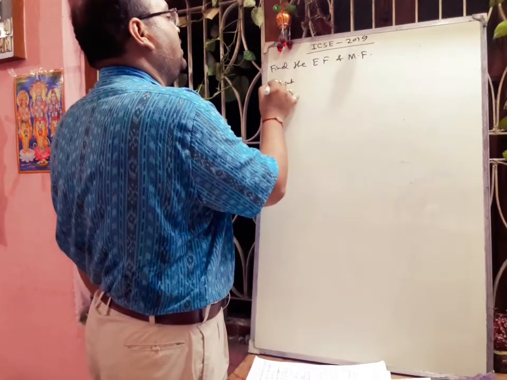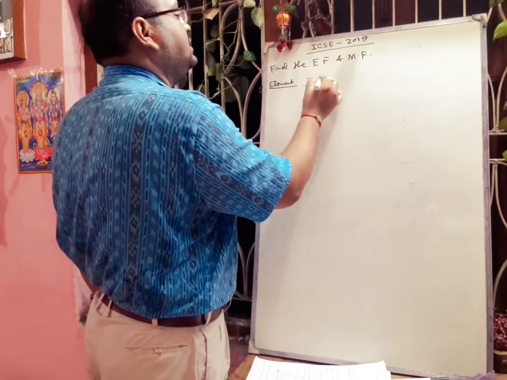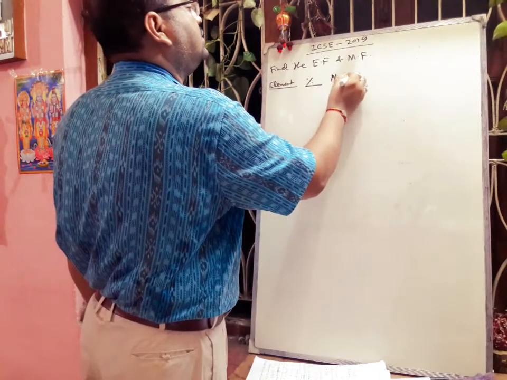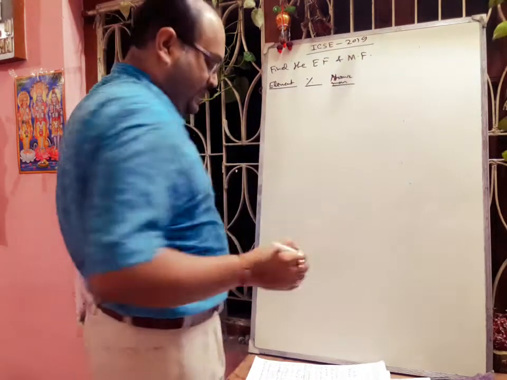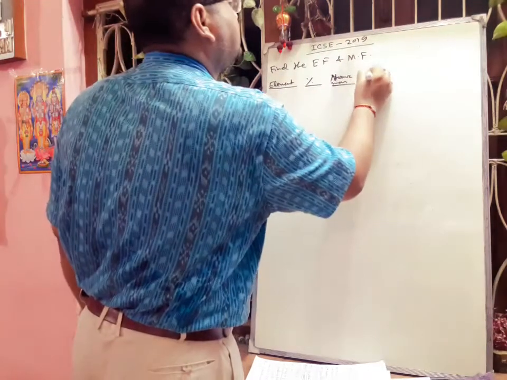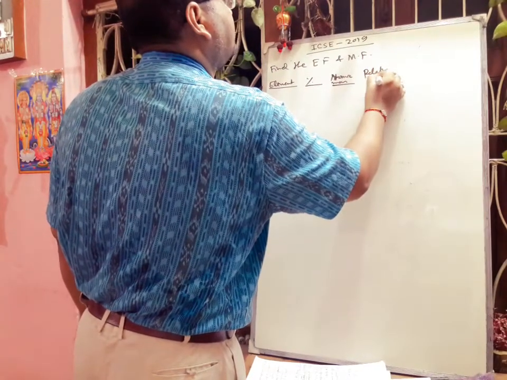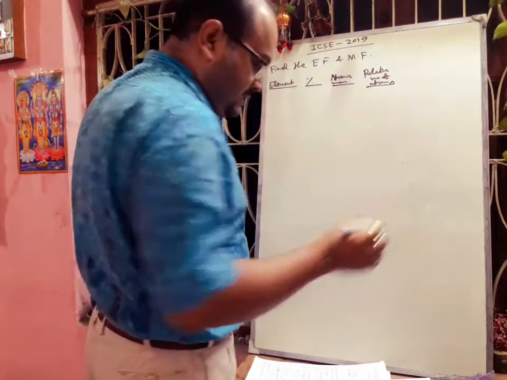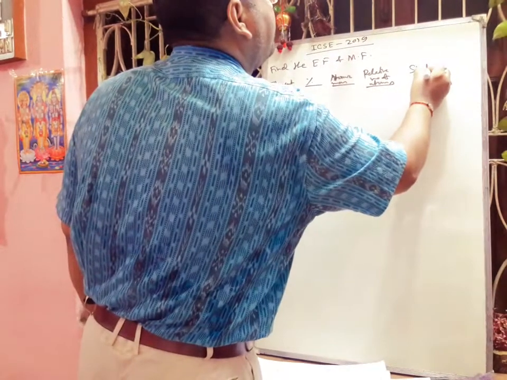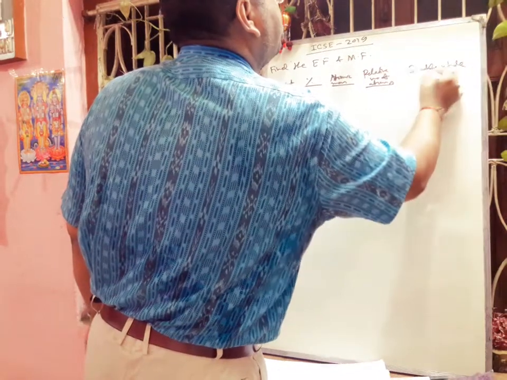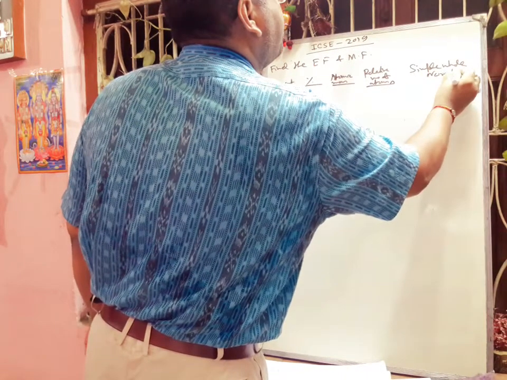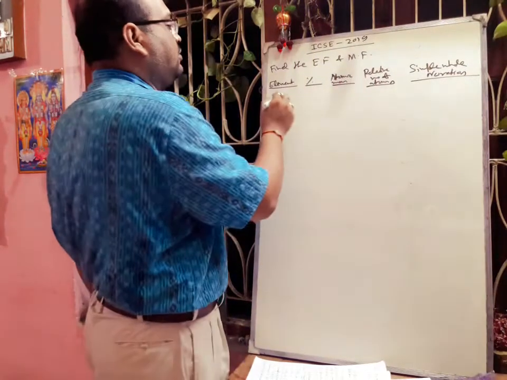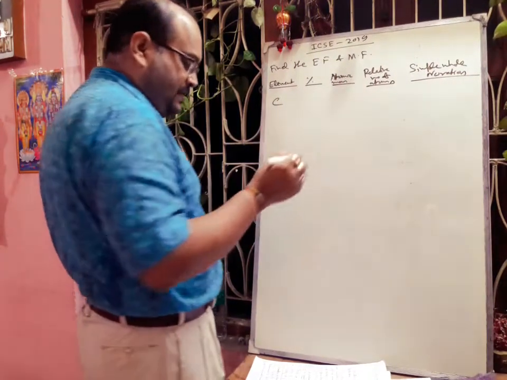So this is the element, next one is the percentage, next one is the atomic mass, next one is the relative number of atoms, next one is the simple whole number ratio. Okay, so the first element is carbon. Carbon percentage is given 75.92.